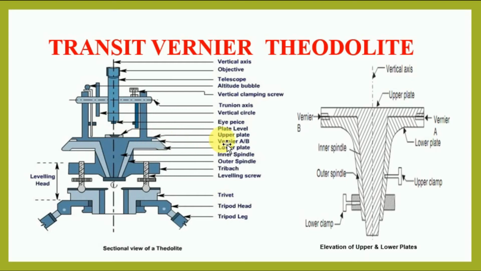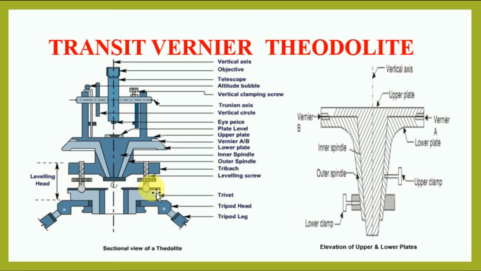Below which there is an upper plate. On the upper plate you can see the vernier scale A and B on the opposite sides, and this upper plate is in the inner spindle and the lower plate is in the outer spindle, and below which there is a leveling head.